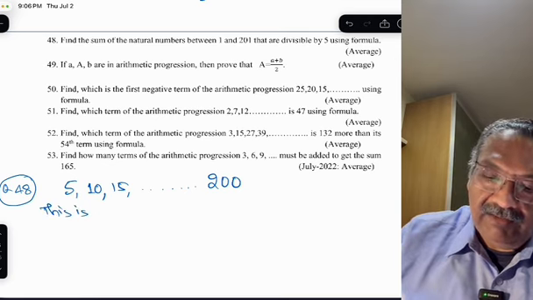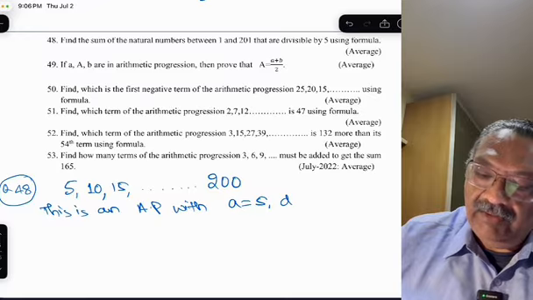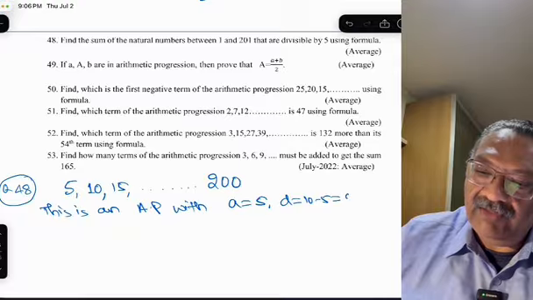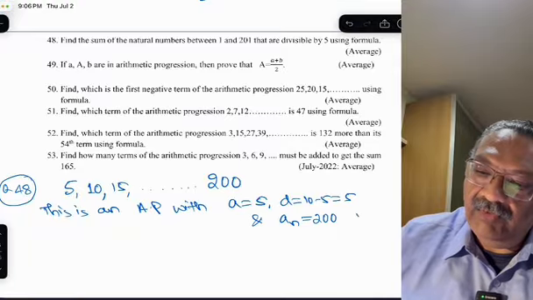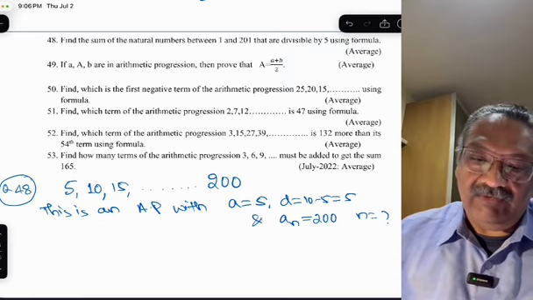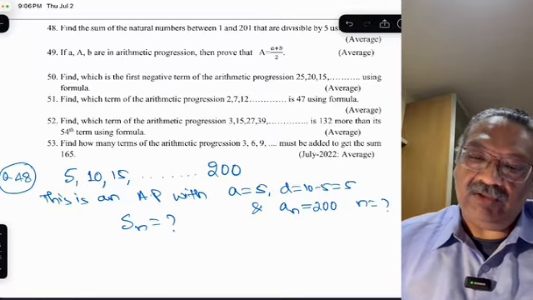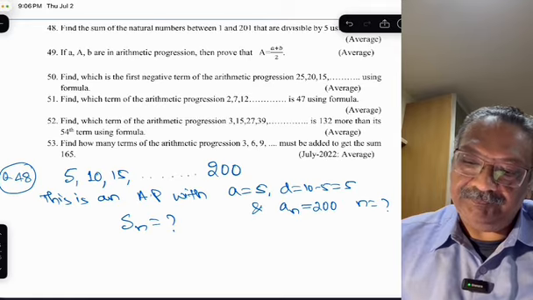This is an AP with a equal to 5, d is equal to 10 minus 5 is equal to 5, and an is 200. We want, sorry, they are not asking for n, they want the sum. Sn is how much? So what is the formula for Sn?